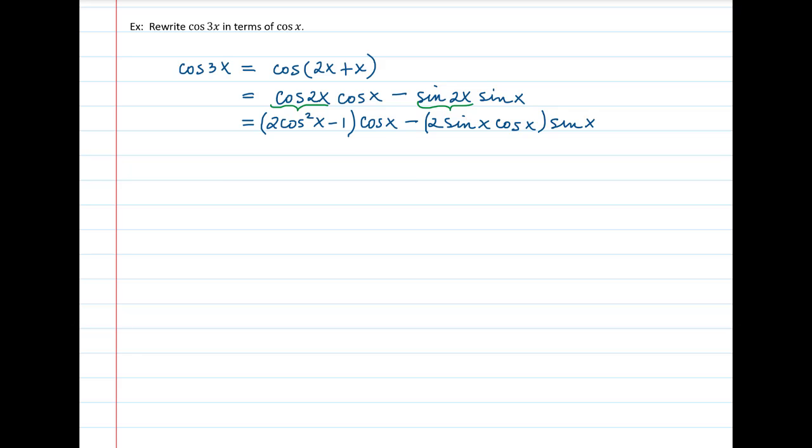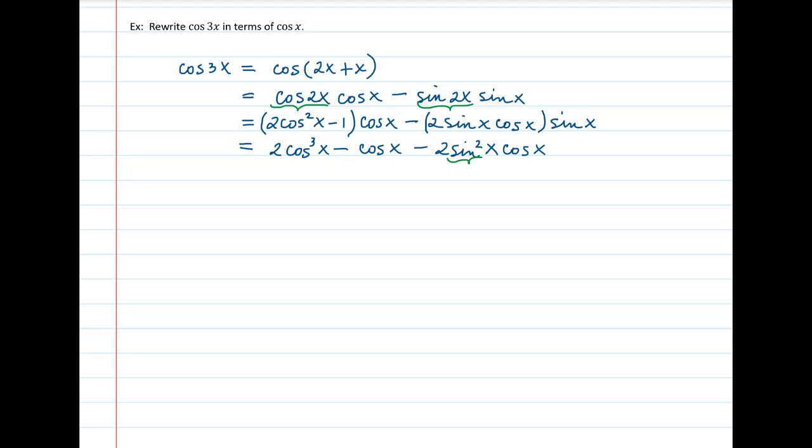Then I use my sine double angle identity, which is 2 times sine of x times cosine of x, and all of that is multiplied by sine of x. From here, I'm going to distribute some things and combine some terms. Distributing the cosine of x, we get 2 cosine cubed of x minus cosine of x minus 2 sine squared of x times cosine of x, because sine times sine is sine squared.